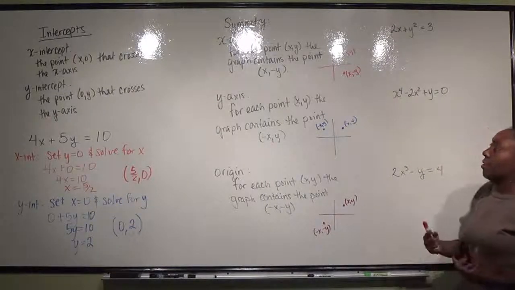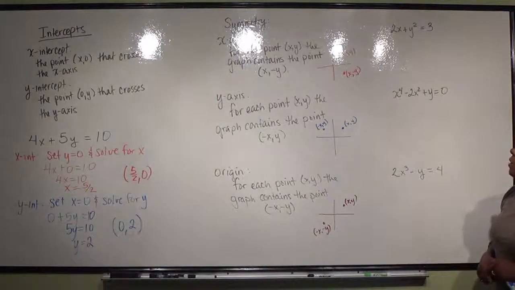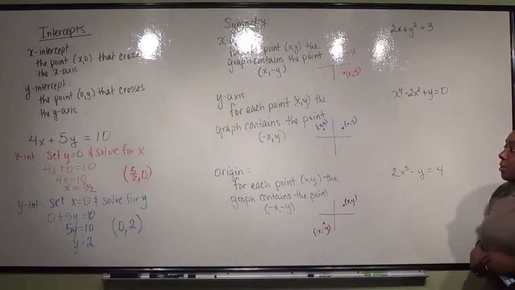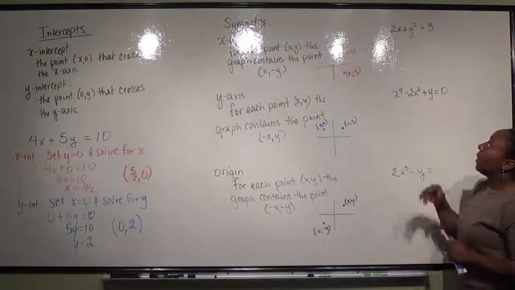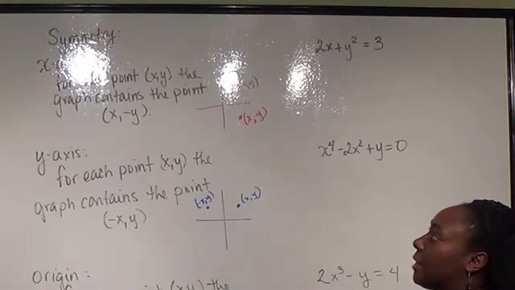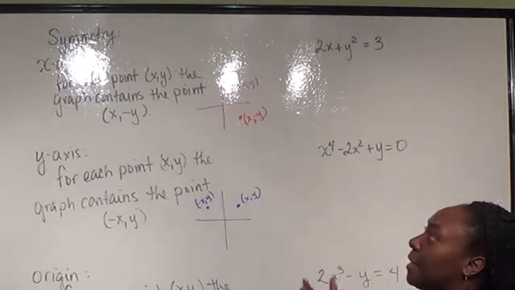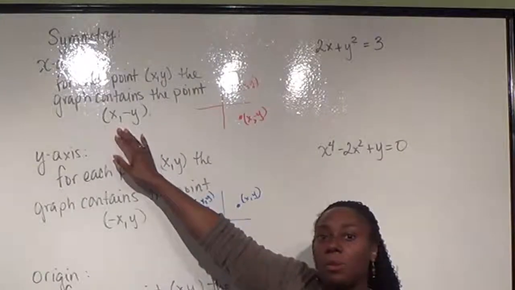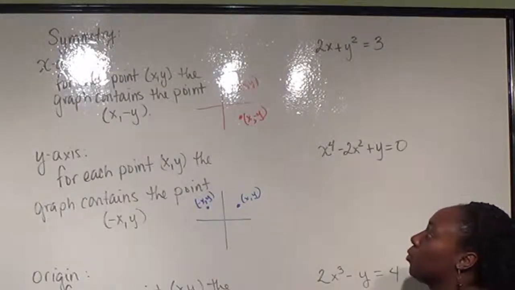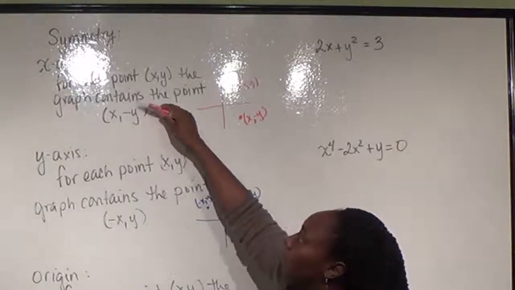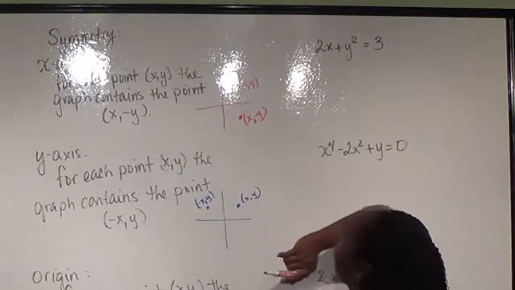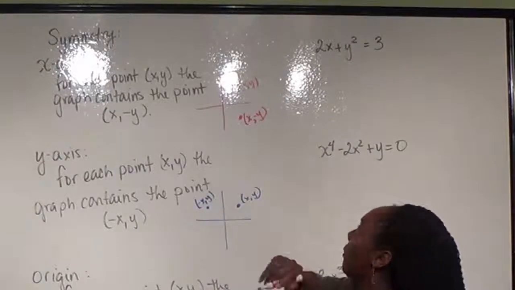How does this translate to equations? Well, sometimes you're going to be asked whether or not an equation has a certain type of symmetry. So we can look here. If I'm looking at something that's going to have x-axis symmetry, the way I test it is to use this part of the definition. I'm going to replace y with negative y and see if I get the exact same equation.